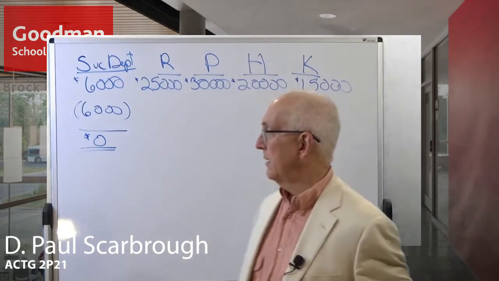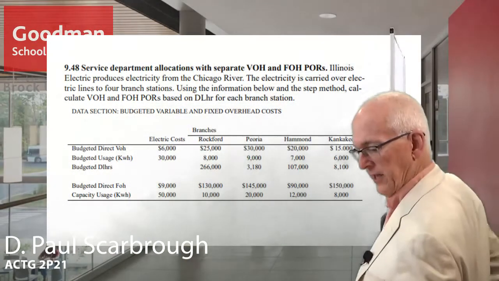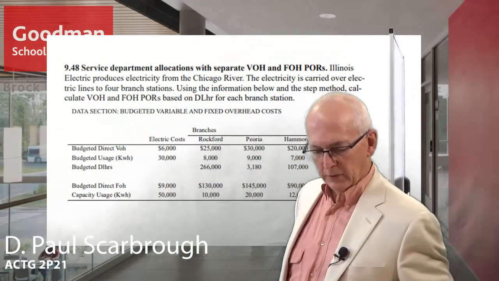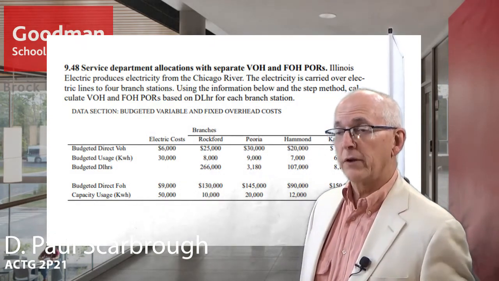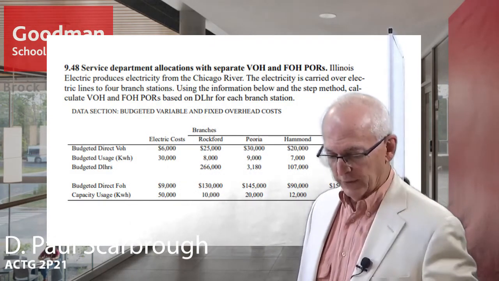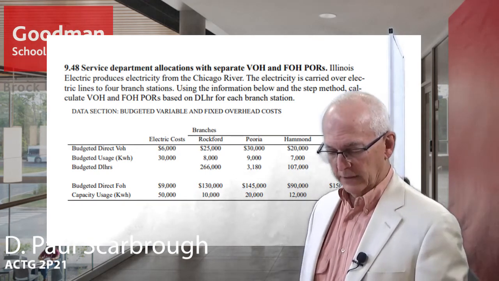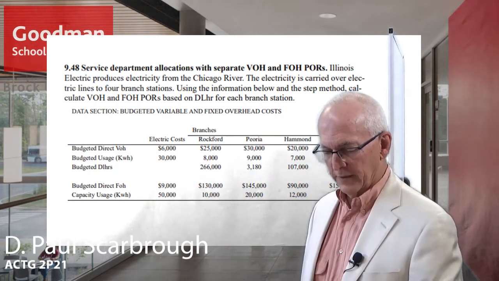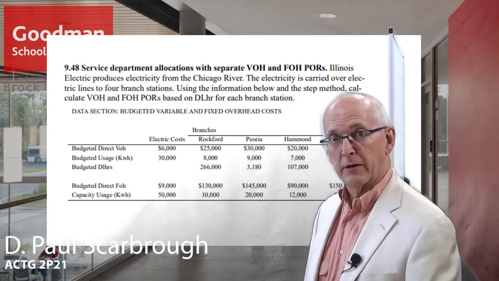If we look at the data that we have, if you scan across the data, you'll see that we have an amount of electricity used by each one of those branch offices. And if you look, it's 8,000 kilowatt hours, 9,000 kilowatt hours, 7,000 kilowatt hours, and 6,000 kilowatt hours.